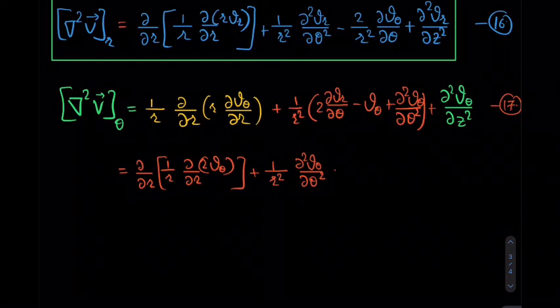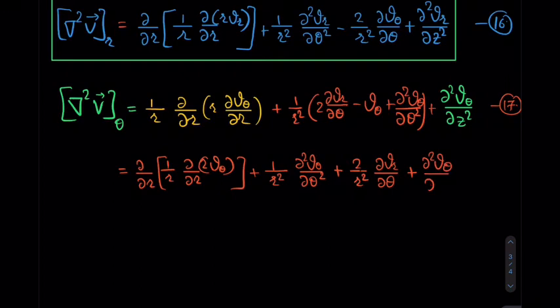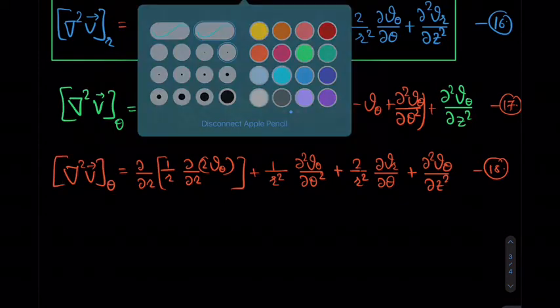In the first term, we clubbed the terms from the first and second part, so that is v theta over r squared. So that term is clubbed into the first part. So del squared of v bar along theta direction.